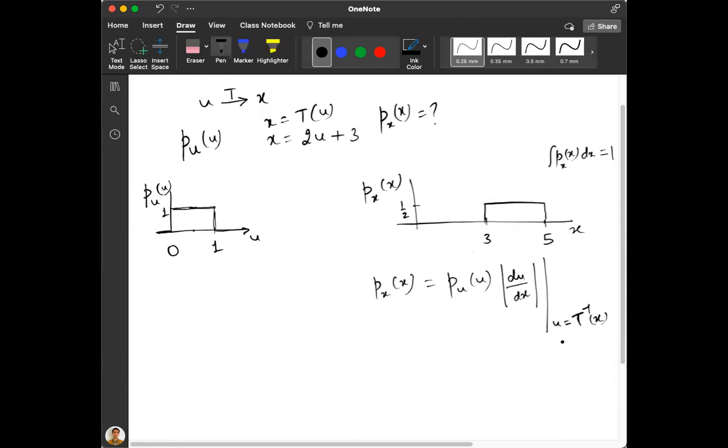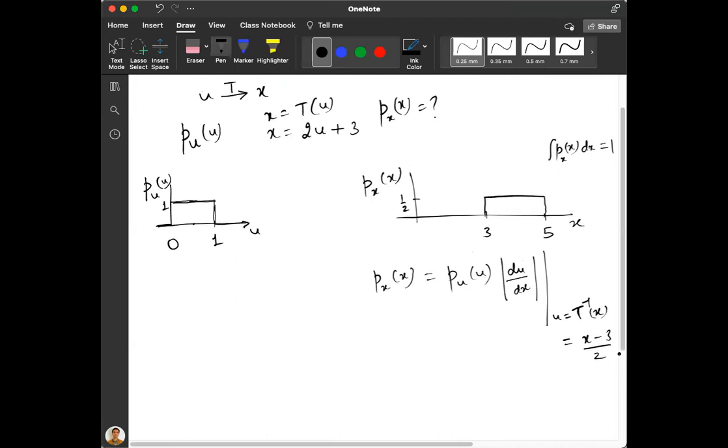It is the inverse of x, so this is equal to (x minus 3) upon 2. So p_x(x) is equal to p_u of (x minus 3) upon 2 times du by dx. The derivative with respect to x is 1 upon 2.